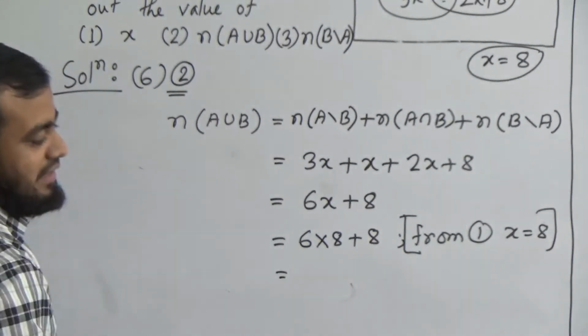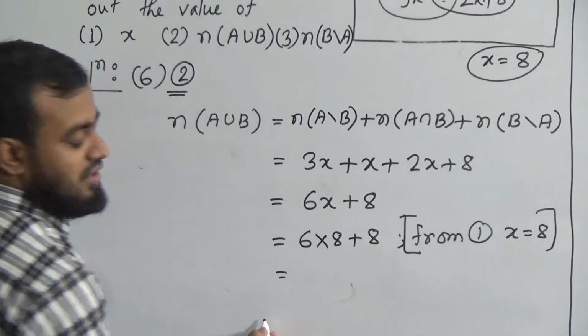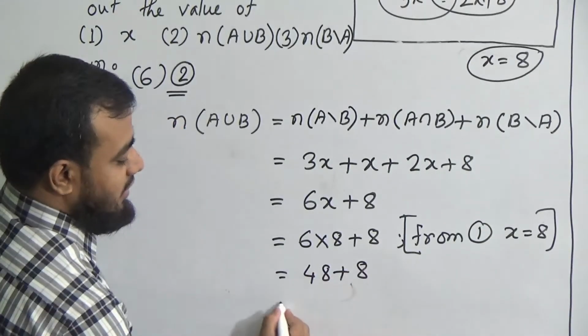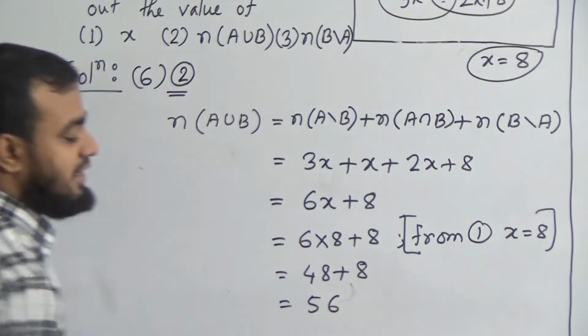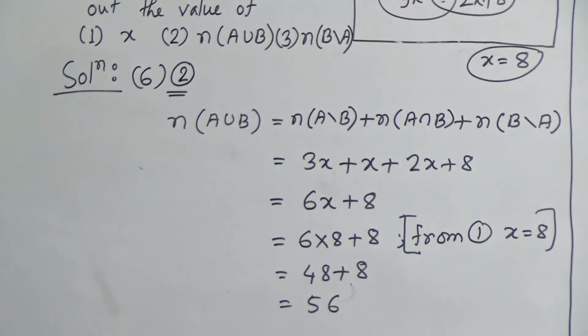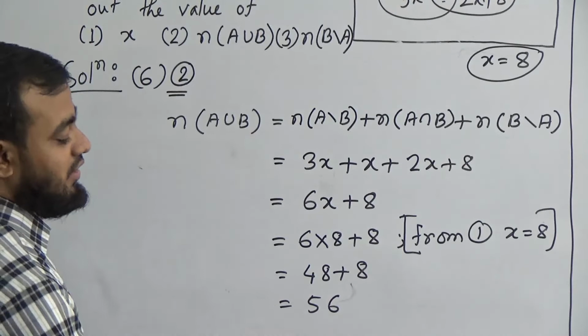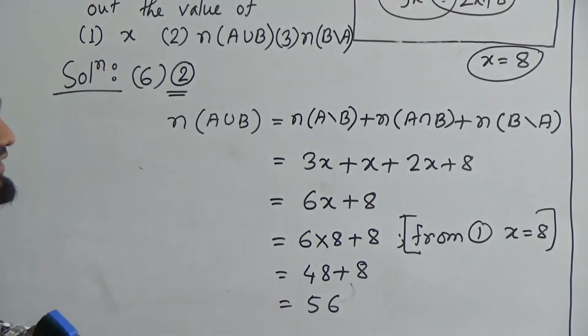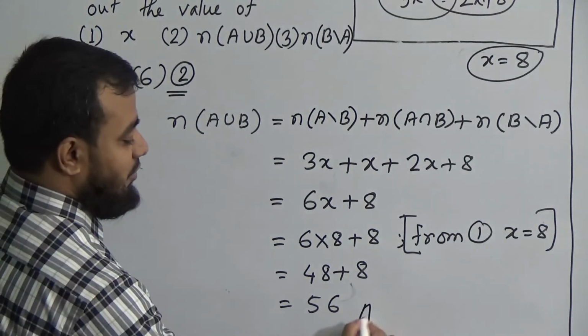Now my dear students, 6 eights are how much? 6 eights are 48. Okay, 48 plus 8, that means it's 56. So our solution is the number of elements of A union B, that means how many elements are there? There are 56 elements in the A union B set. So our answer for question number 2 is 56.